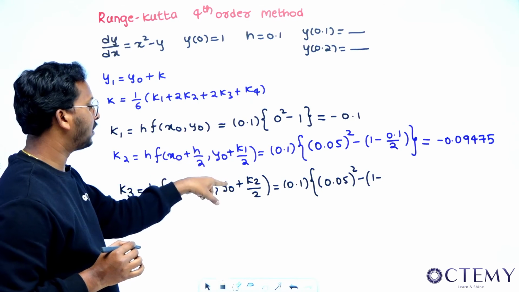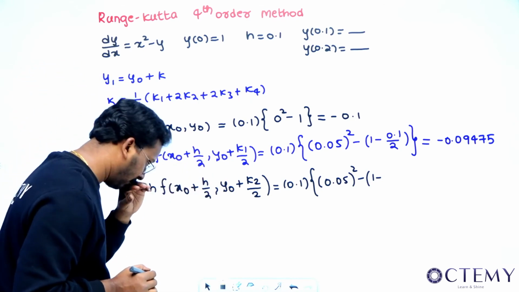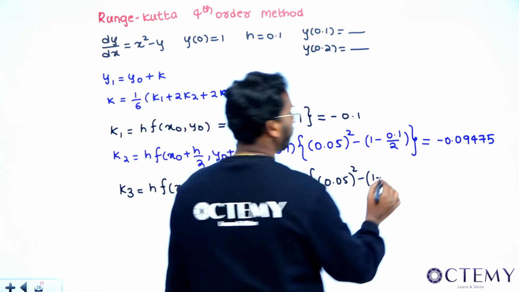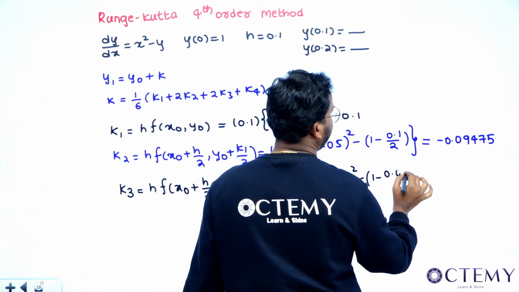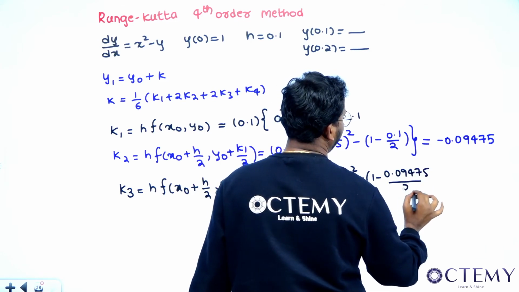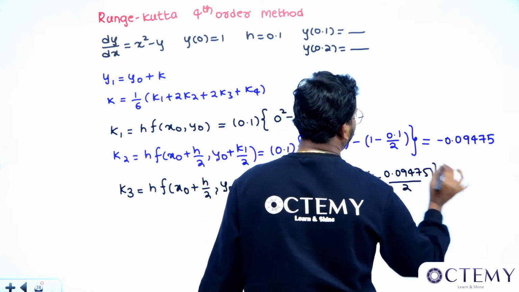Actually 1 plus, but excuse me, sir, it will become like this: 0.09475 whole divided by 2. From here, the values we get will be a little bit different.